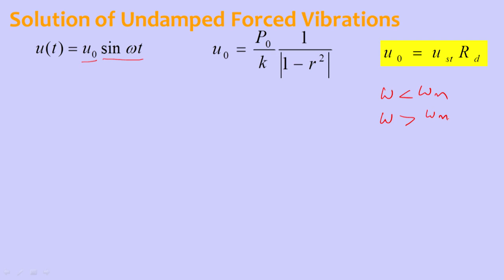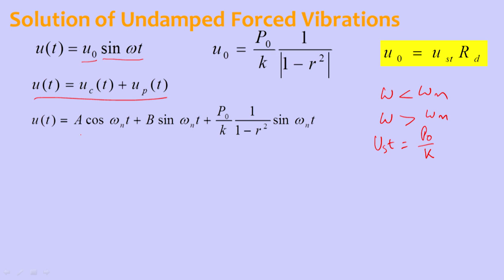We will discuss this phase a little while later. So let us concentrate on the amplitude of vibration. The amplitude of vibration u0 is equal to p naught by k, which is nothing but the static deflection when the mass is at rest, multiplied by the dynamic amplification factor component. Then the total solution will be u is equal to complementary function plus particular integral.